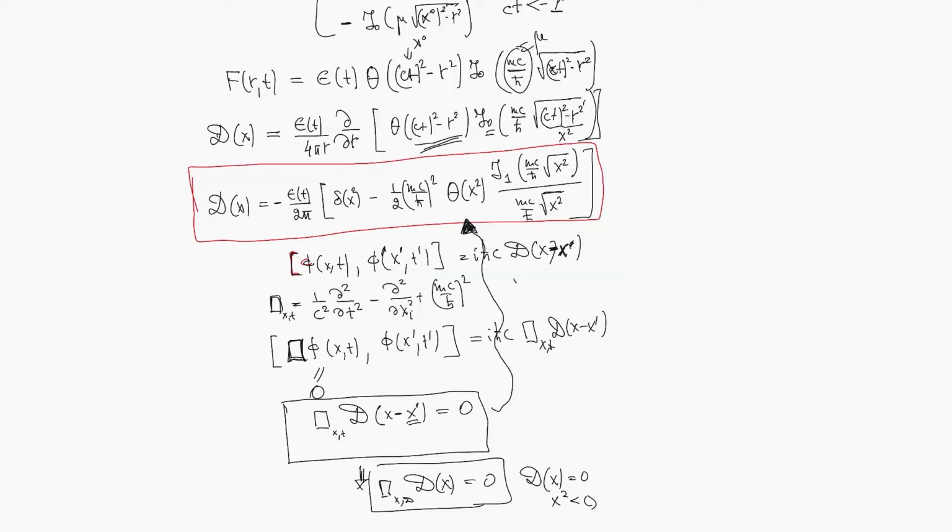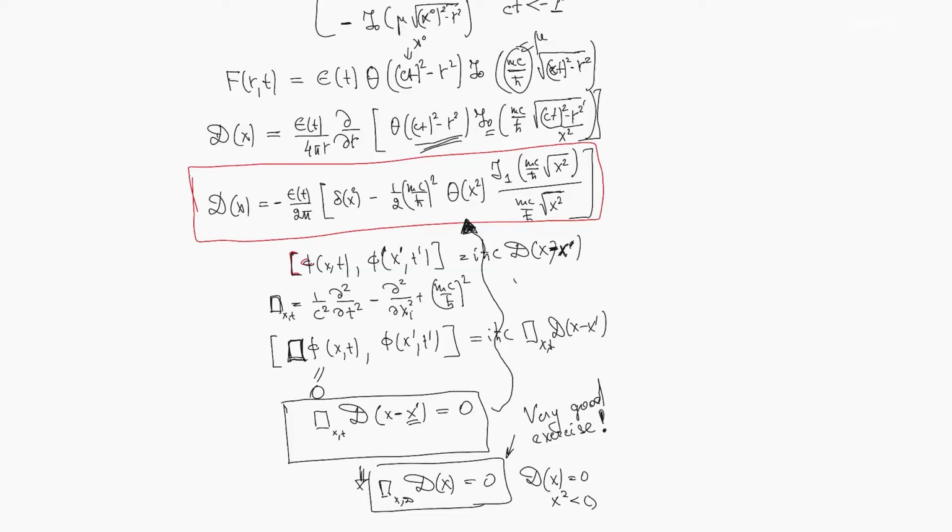It will tell you a lot about the nature of these generalized functions and how to deal with them to properly show that this is 0. So this is a very good exercise, starting from the explicit expression for the Pauli-Jordan function.